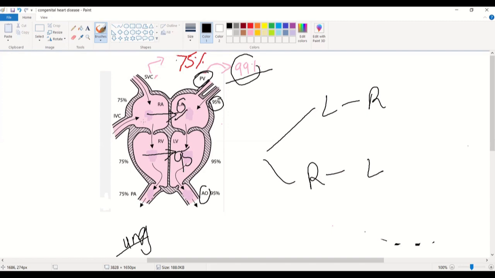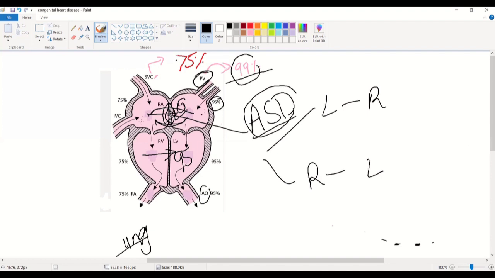If there is a defect in the septum, let's suppose an atrial septal defect, and the blood moves from left to right, this oxygenated blood mixes with deoxygenated blood.